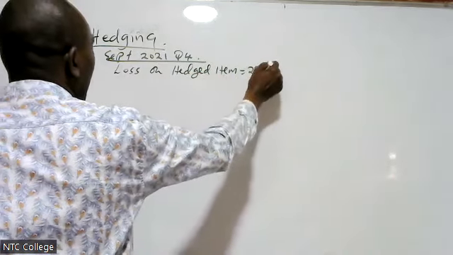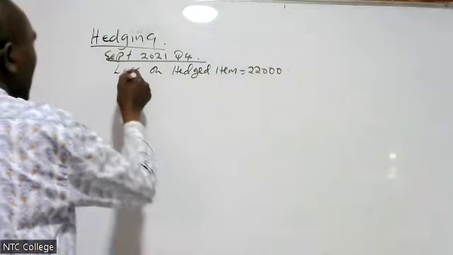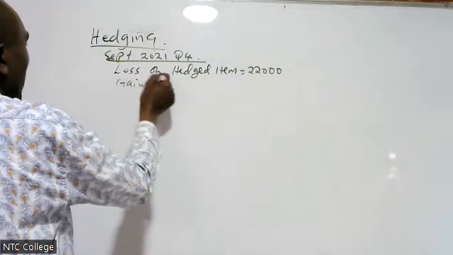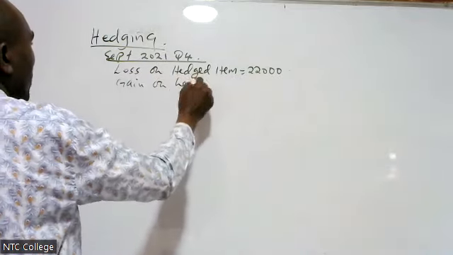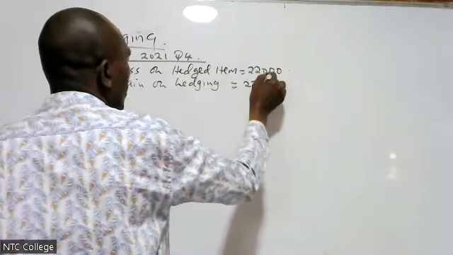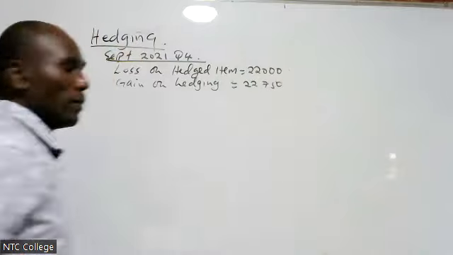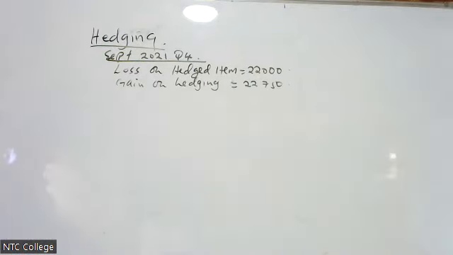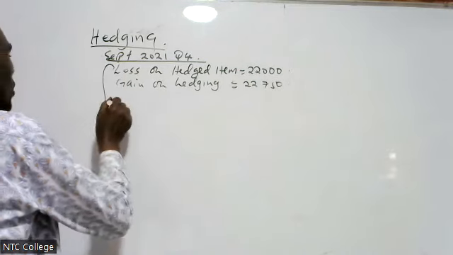Therefore, here, the loss on hedged item equals 22. That is the loss. And the gain on hedging instrument is 22,750. That is the gain. Therefore, how do I account for the loss?